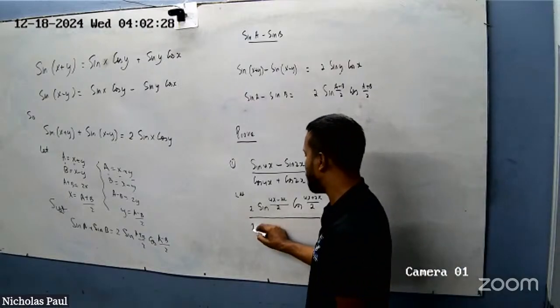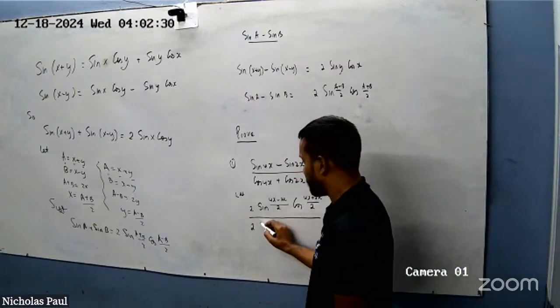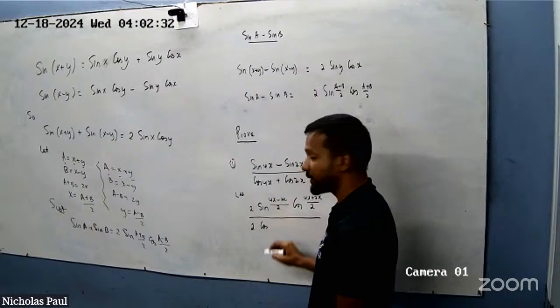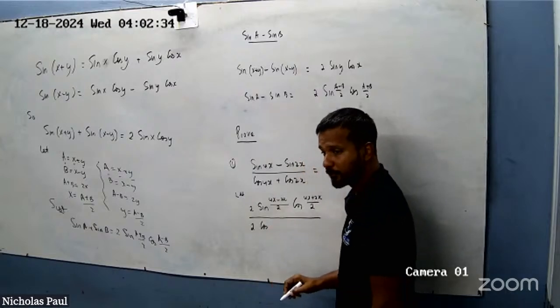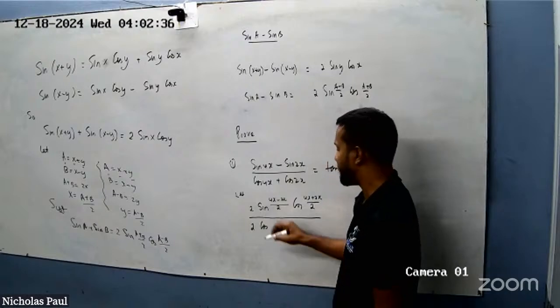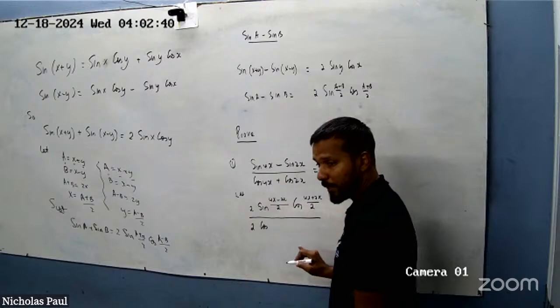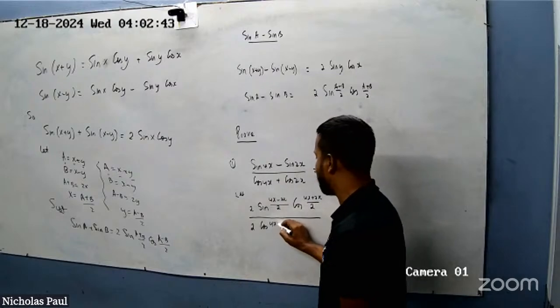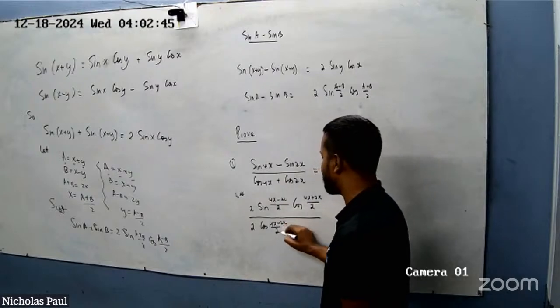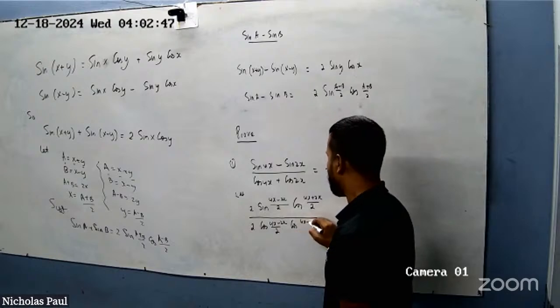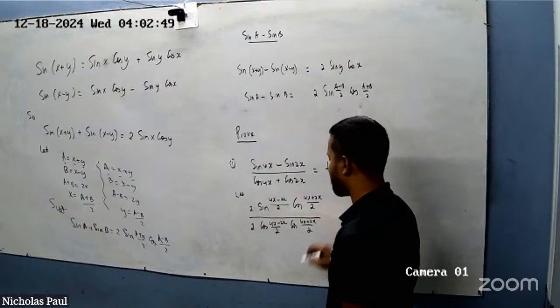That's 2 over what? Tell me what is 2 over a minus b on 2, a plus b on 2. So it should be 4x minus 2x on 2, cos 4x plus 2x on 2.